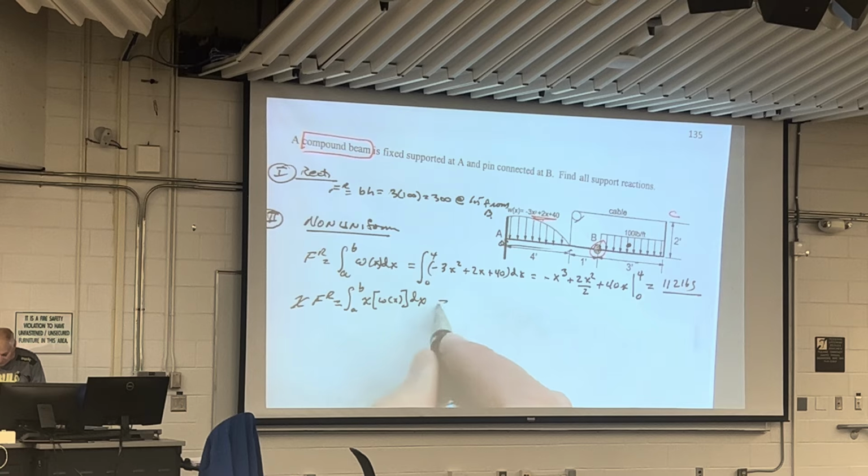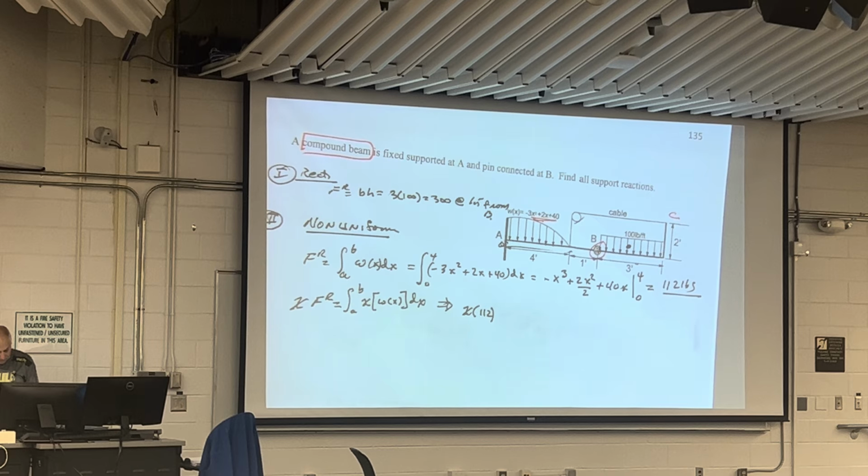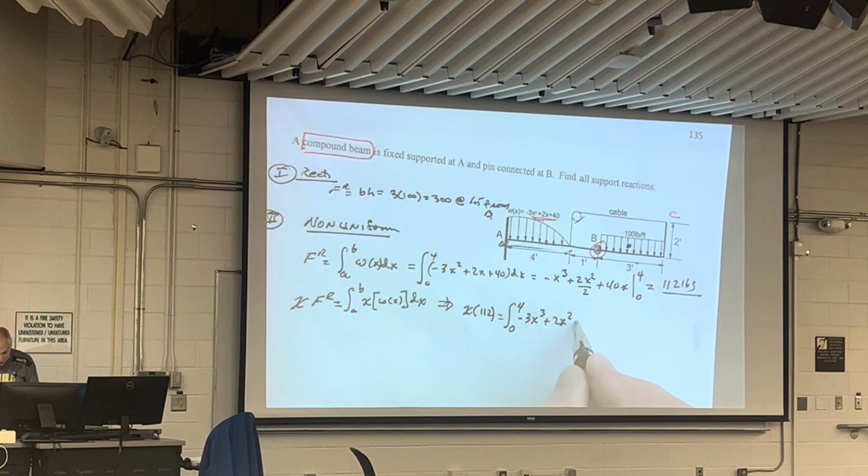which would be x times 112, that's the single force resultant we found, is equal to the integral from 0 to 4 of minus 3x cubed plus 2x squared plus 40 times x dx.